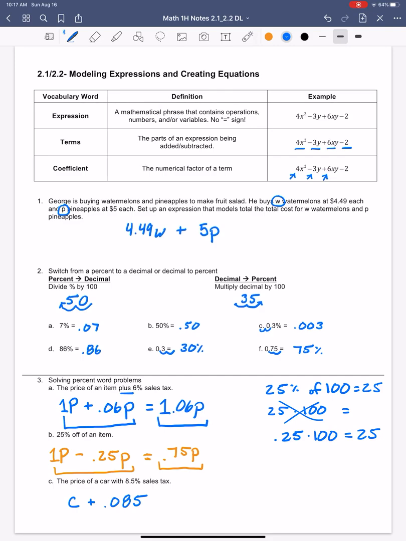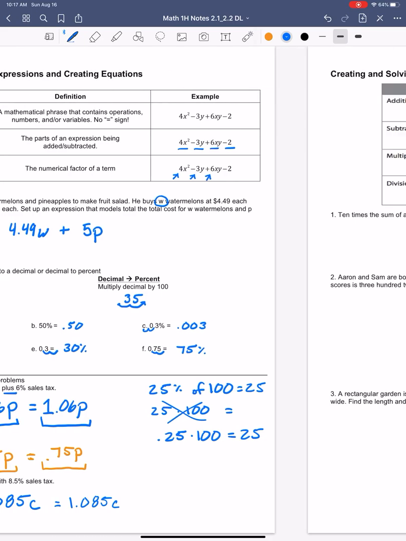It's 8.5% of the car, so I have to do times C. And then again, if I want, I could rewrite that as one term. This would be 1C plus 0.085C, which is 1.085C. So two separate ways to write that. All right, we'll keep going here.